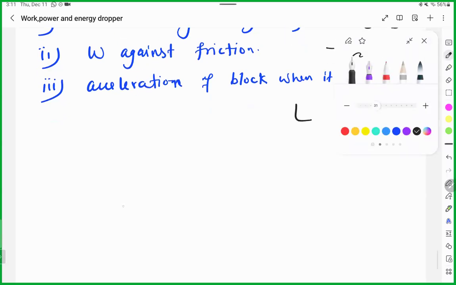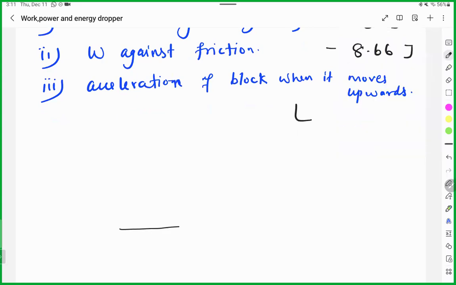First of all, make the diagram. You have an incline at angle 30. So this angle is 30. You have a block of mass 1 kg. Then mg will act downward. Okay, mg. Then here you will have the same angle 30.